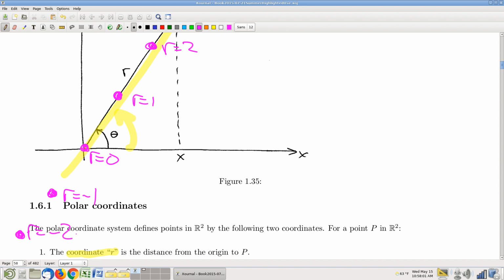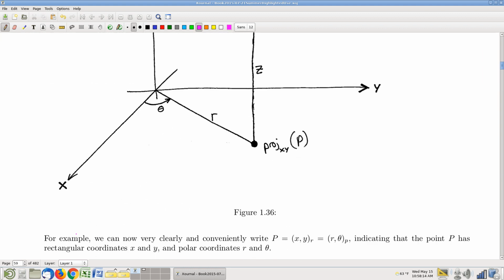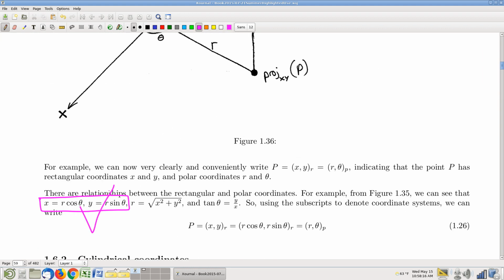And if you were to describe points, locations with this value of theta and using negative values of r, everything works just fine. It's not a problem. And these equations here, in particular, work just fine. And it's kind of nice to leave ourselves that flexibility that we can, if we should want to, choose to view r as being negative.